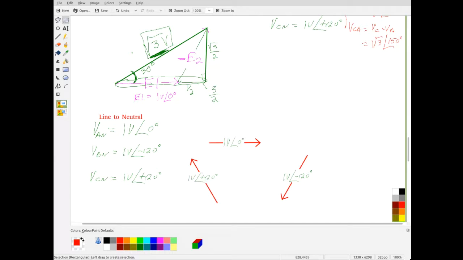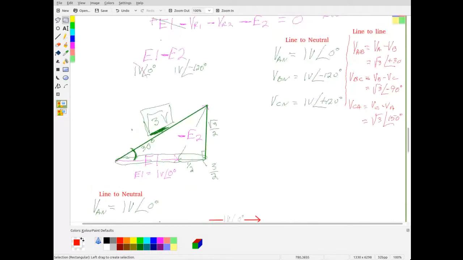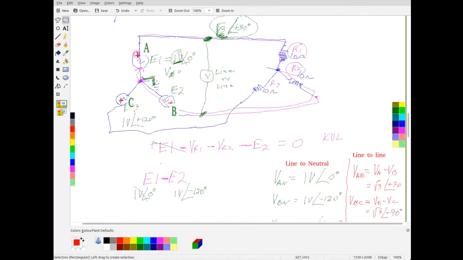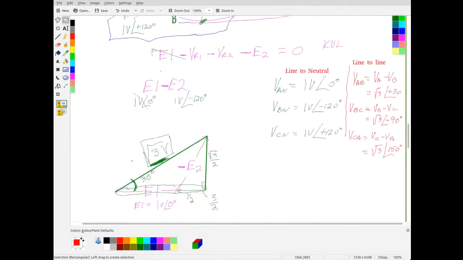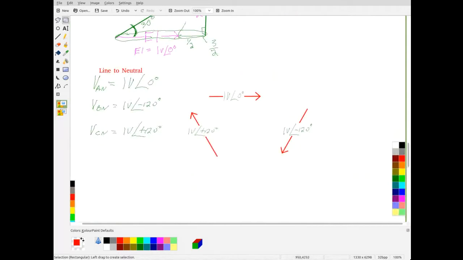So each one of these are just the voltages, right? This is 1 volt angle 0. So that's angle 0. It's going perfectly horizontal. This is 1 volt, but I rotated it minus 120 degrees. So it's going minus 120, which is down here, and when you look at the Y, it's going down.